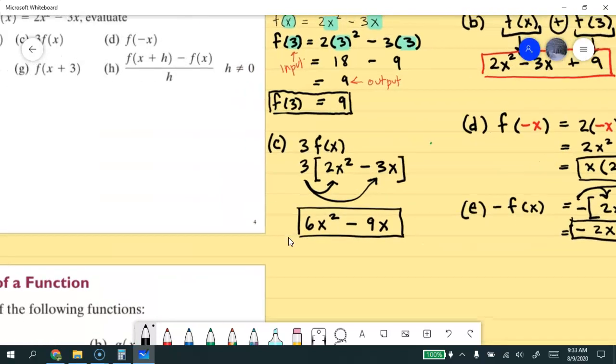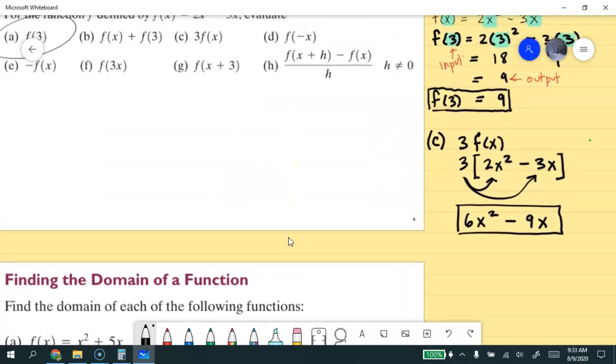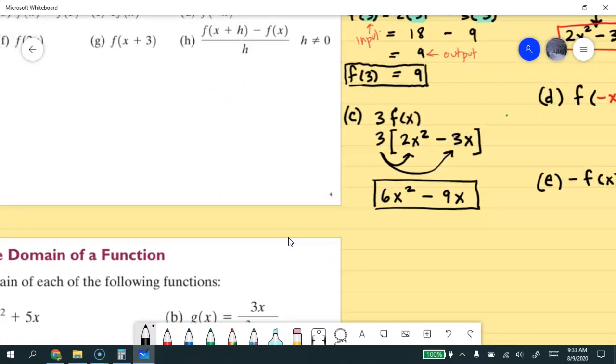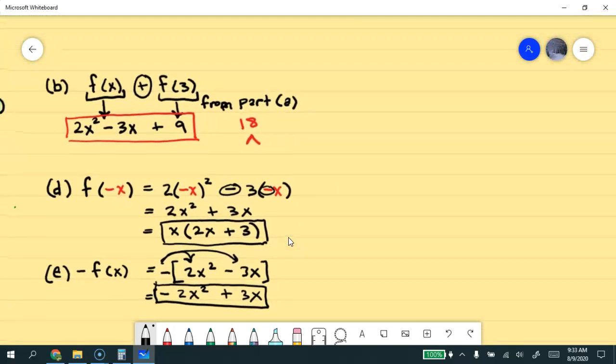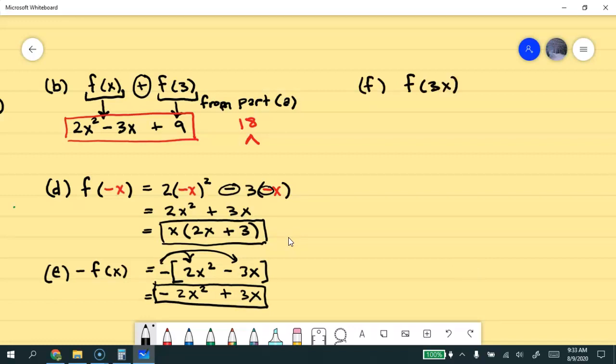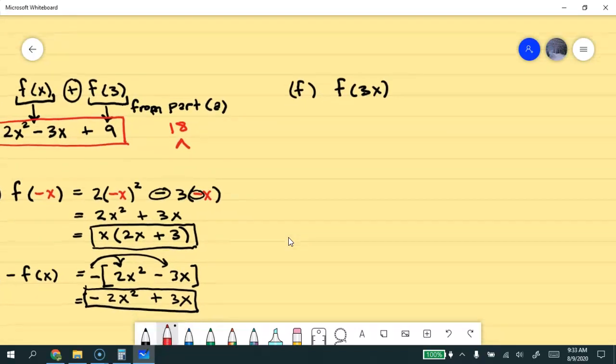Okay? Letter F. It says f of 3x. All right, so these are getting more and more interesting. f of 3x. Notice how this is not 3f of x.